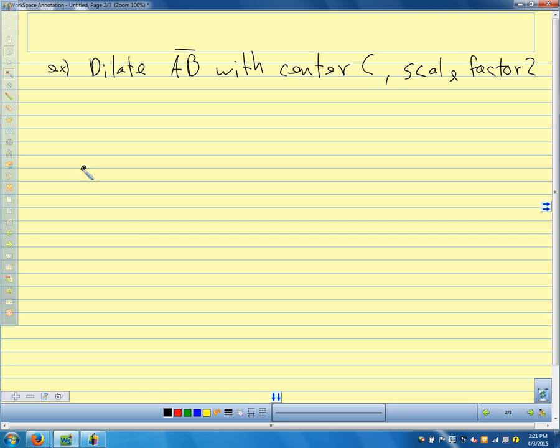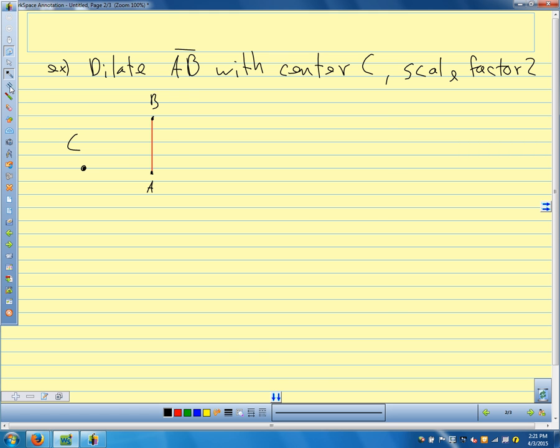So here's C, and here's segment AB. And I want to dilate that. This is my center of dilation. I kind of think of the center of dilation as where the bulb of the projector is. We're kind of shining a light on this thing.